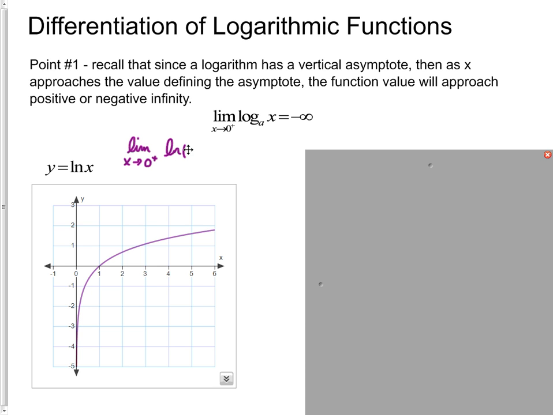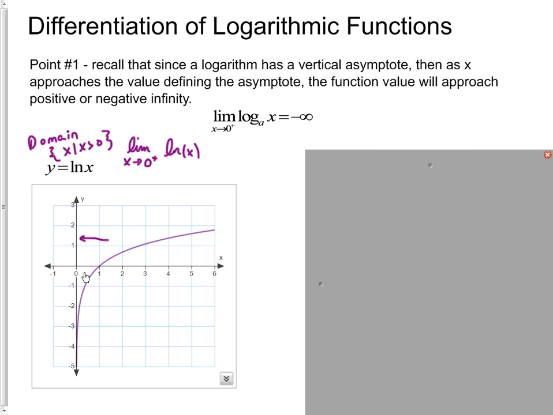You can get out a calculator and verify this for yourself, but as we choose values of x that get closer and closer to 0 without actually being at 0, because our domain right here is the set of all values of x that are greater than but not equal to 0. So I'll write this in set builder notation over here: the set of all x such that x is greater than but not equal to 0. We ask, what will this limit do?